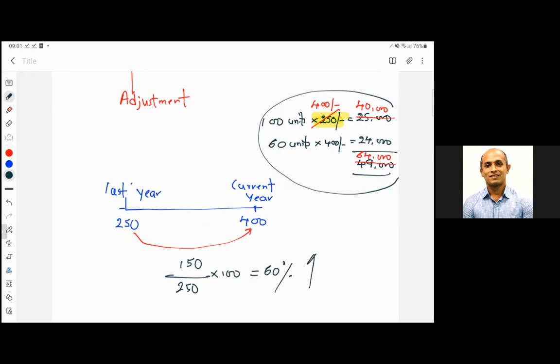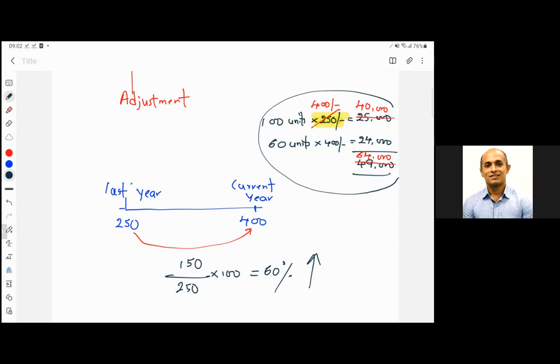So the price level has gone up by 60%. Then you can apply that to the inventory value. Let's say you approximate on average that 50% is enough.